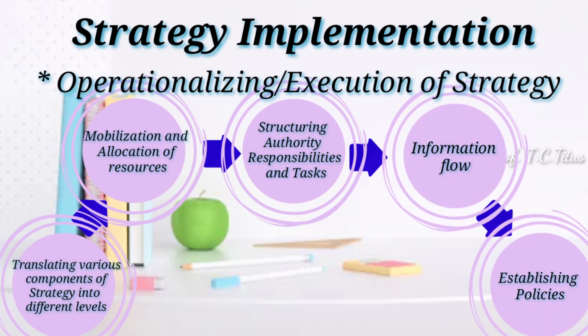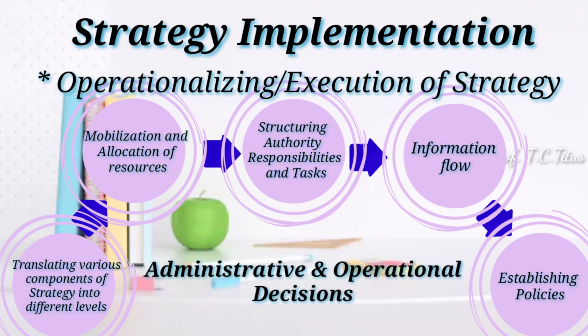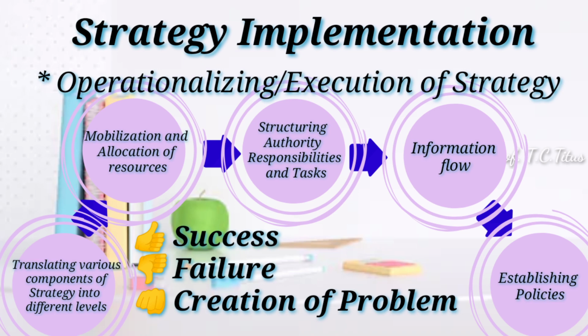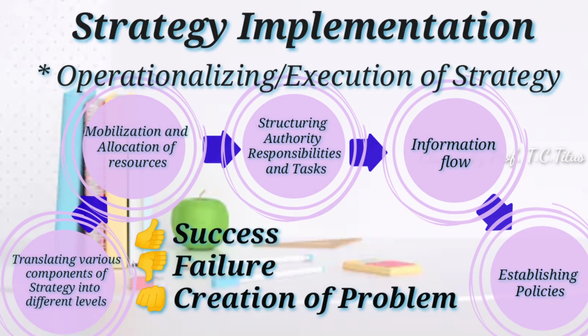So implementation of strategy involves a number of administrative and operational decisions. So by taking various administrative and operational decisions, the strategy will be implemented, which may result in either success or failure or creation of some problem.